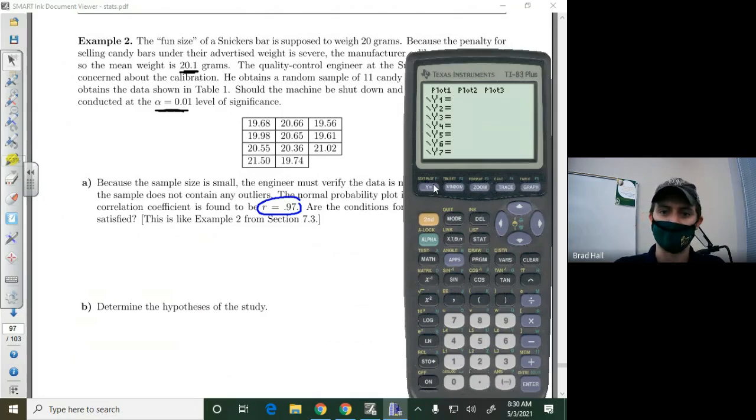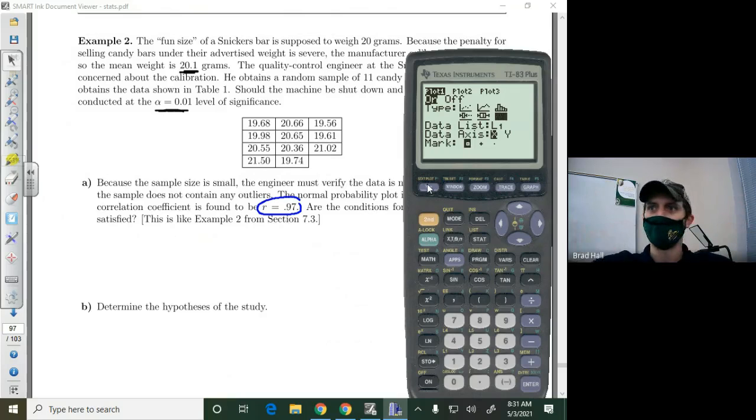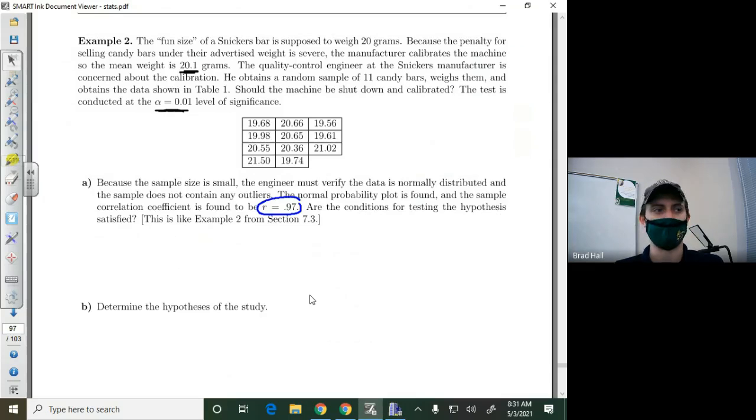You might remember this, where you had to turn the plot on and go all the way down. They took the values on the plot, put them in L1, L2, and found the correlation coefficient. Again, you don't have to worry about that process. We already took a test on that. But they found the correlation coefficient to be 0.97.